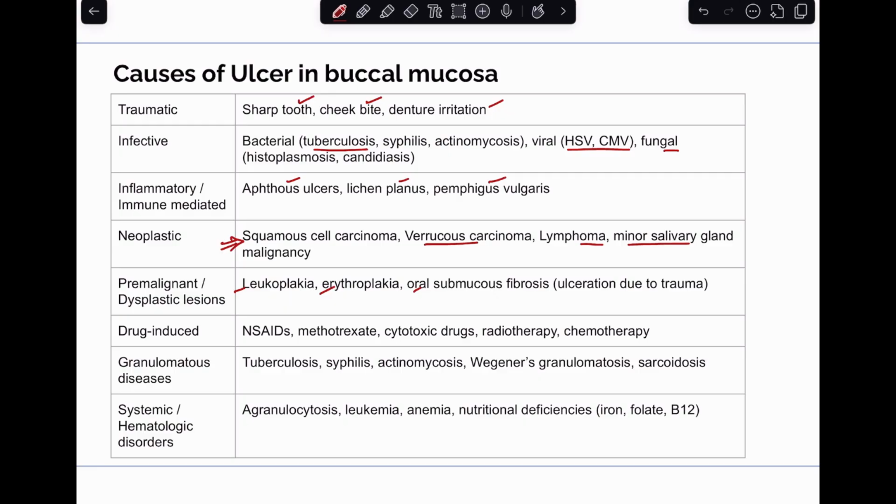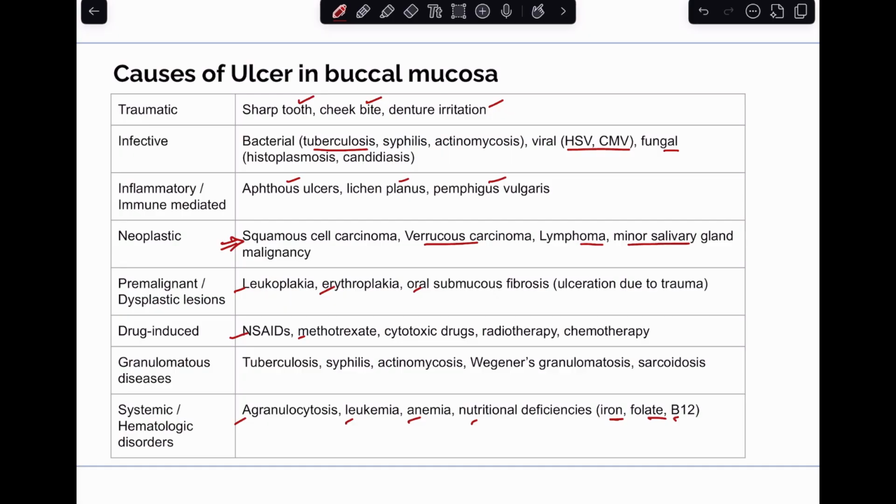There can be drug induced causes of ulcer also, like NSAIDs, methotrexate, cytotoxic drugs, even radiotherapy and chemotherapy. There can be granulomatous diseases like TB, syphilis, Wegener's granulomatosis, sarcoidosis, etc. And last of all, there can be systemic diseases or hematological disorders like agranulocytosis, leukemia, anemia, nutritional deficiencies like iron, folate, B12.